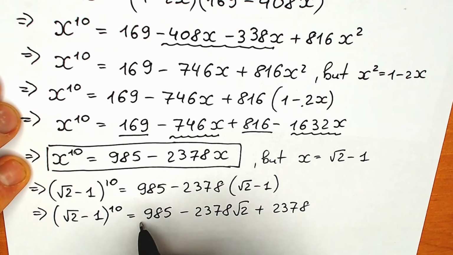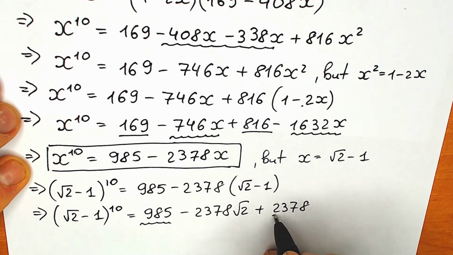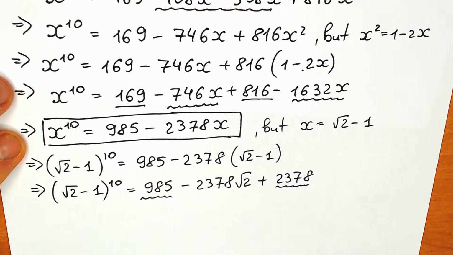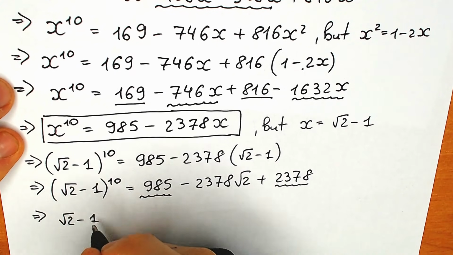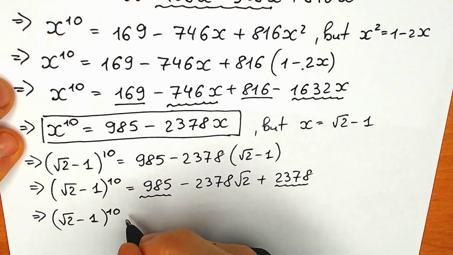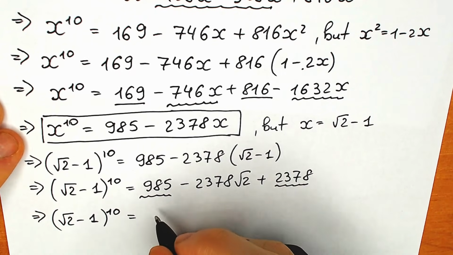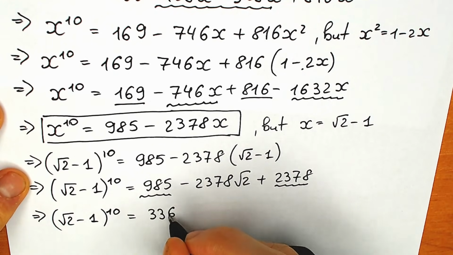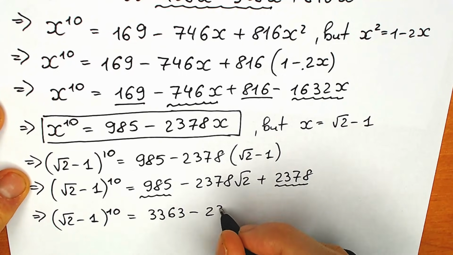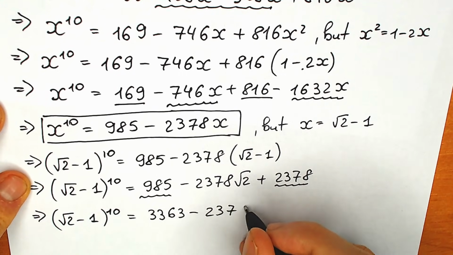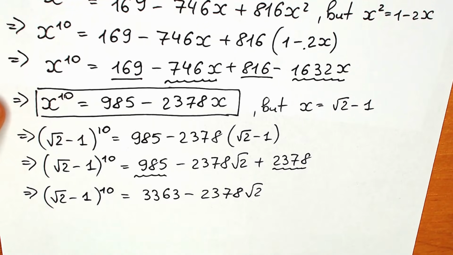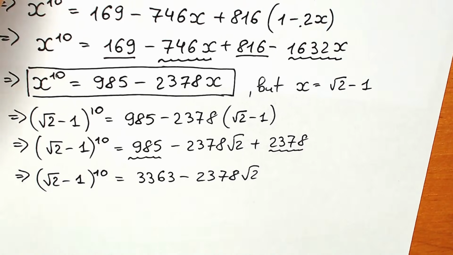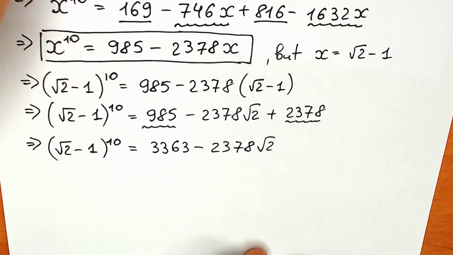And the last step, we add this to the constant. So (square root of 2 minus 1) to the power 10 equals, when we add it, 3363 minus 2378 square root of 2. And this is our (square root of 2 minus 1) to the power 10. So our last step is to group together all the information and write our final answer.